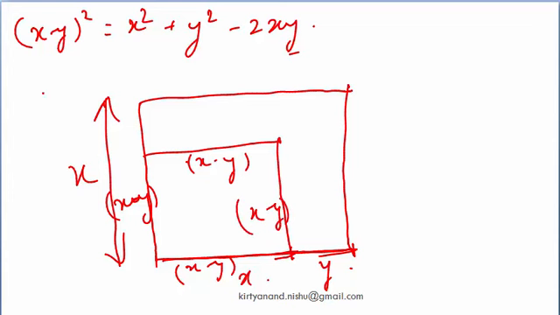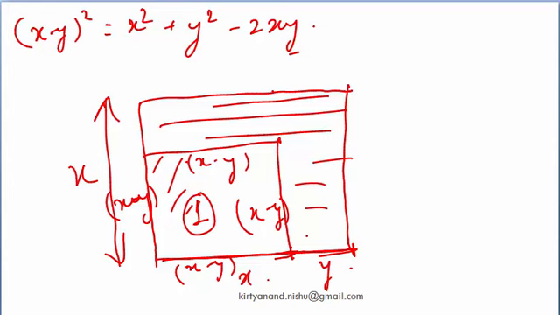We have to find the area of this region, let's call it region 1. To find the area of this particular region, we take the outer bigger square, whose area is x square, and we need to subtract this shaded area and this area.